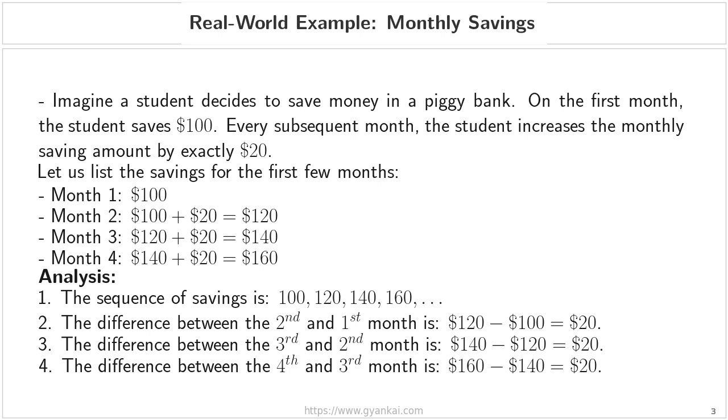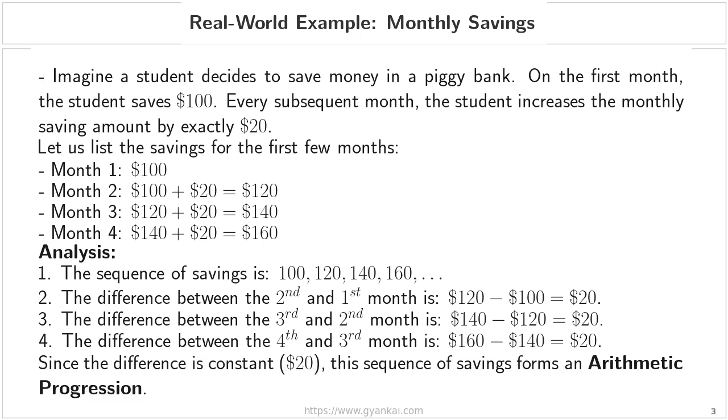The difference between the second month and the first month is 120 minus 100, which equals $20. Next, the difference between the third month and the second month is 140 minus 120, which also equals $20. And the difference between the fourth month and the third month is 160 minus 140, which is again $20.